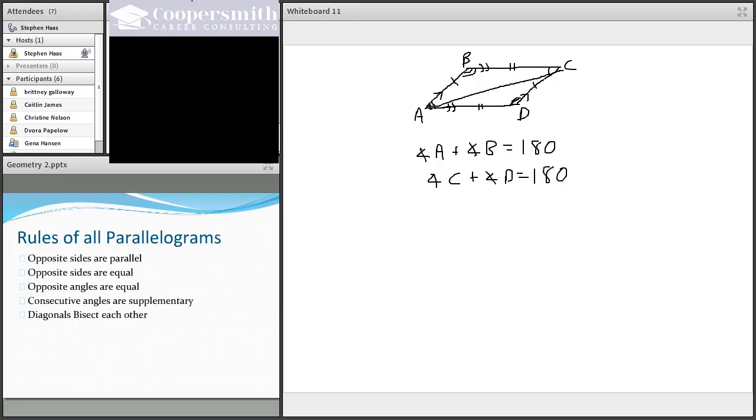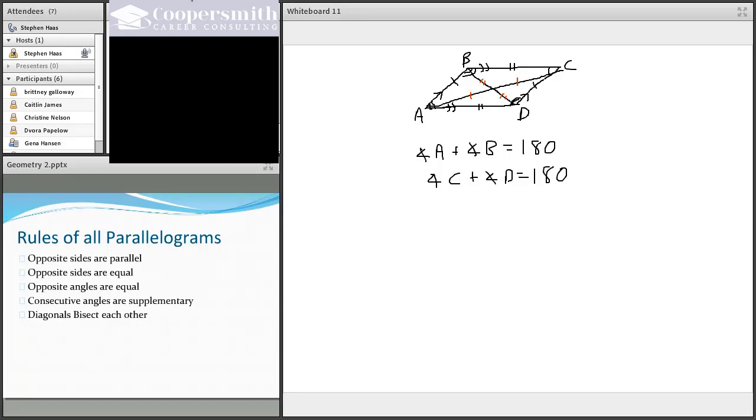They don't look great, but hopefully they look okay. Diagonals means lines that crisscross from one corner to another. They bisect each other, which means this half of this segment is equal to that half, and this half is equal to that half. Where they meet in the middle, that slices each one of them in half. Those are the 5 rules of a parallelogram.